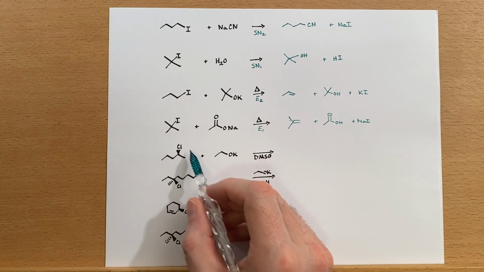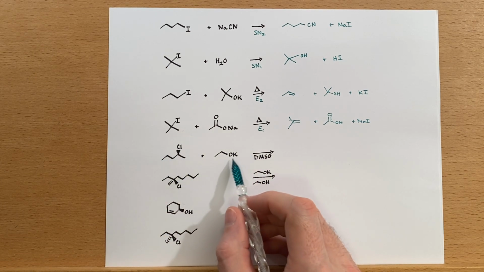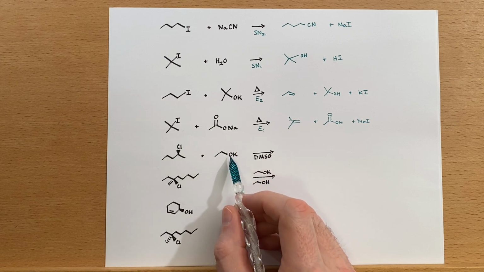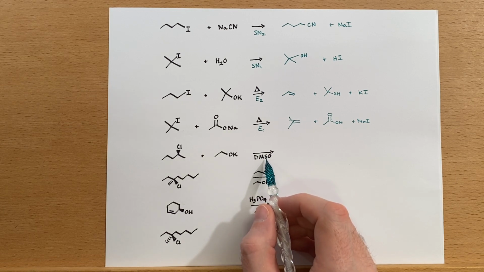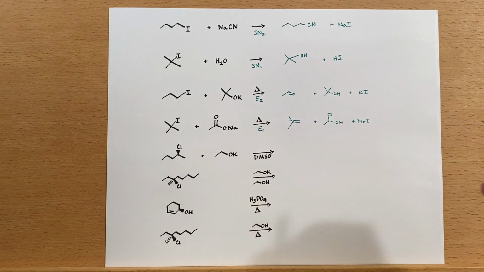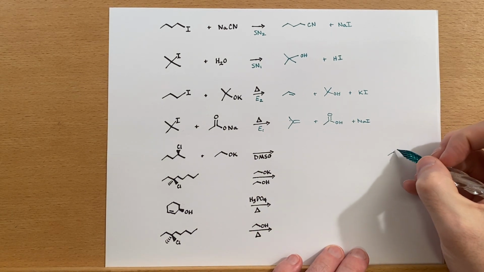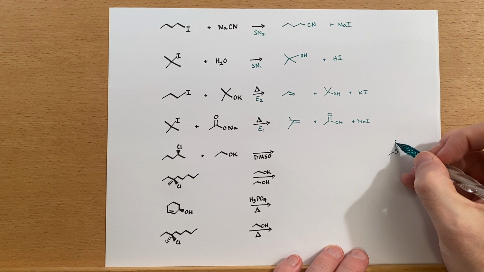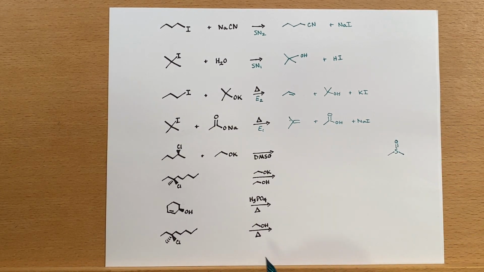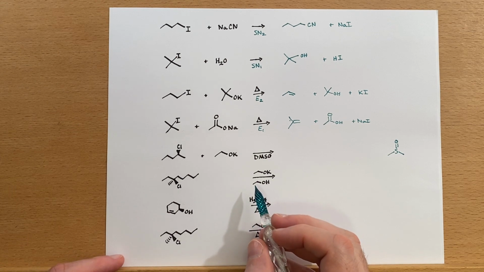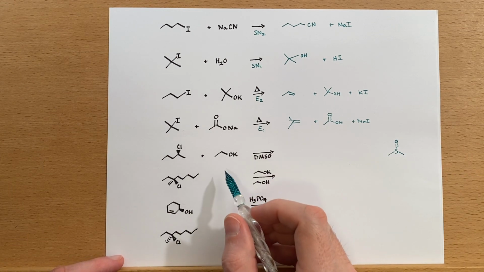So here's a secondary carbon. And I've got a pretty good nucleophile, but this is also a decent base. And I can see here that I've got a polar aprotic solvent, DMSO. It looks like this, dimethyl sulfoxide. So there's no protons on there that can easily come off. So this is an aprotic solvent.